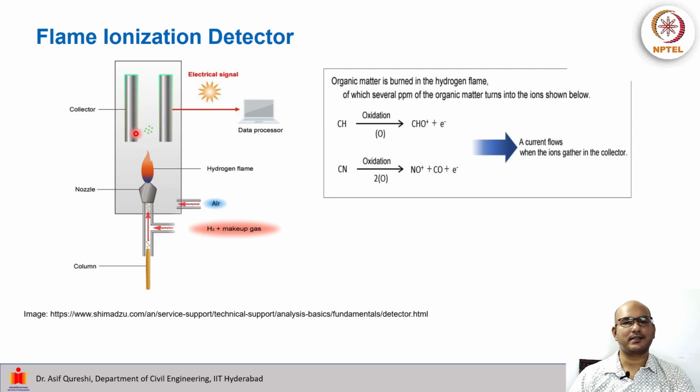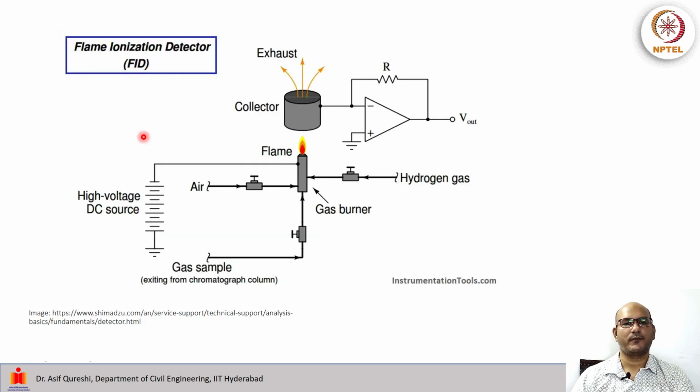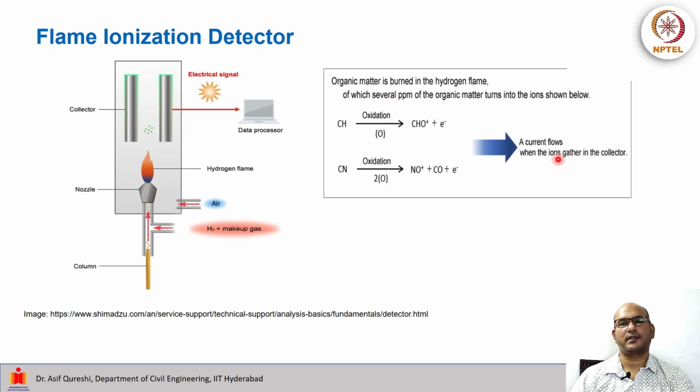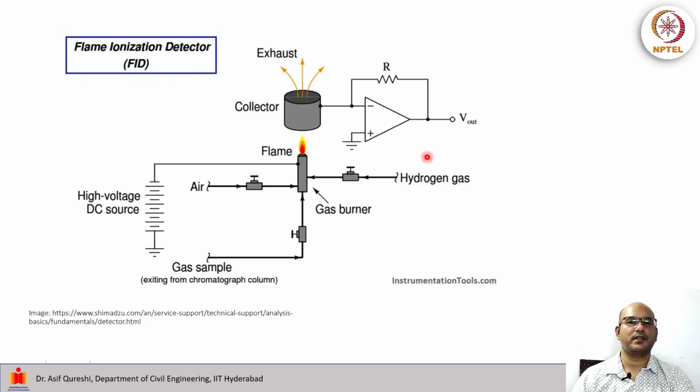When these ions gather in the detector, a current will flow, and we can relate this current to the concentration. This is another schematic. Air is going, gas sample is going, and hydrogen is going, and we create a flame, and then the ionized sample goes to the collector, where we have this voltage, and we can check how much current is flowing when the ions go to the detector, and then we have the sample exhaust.